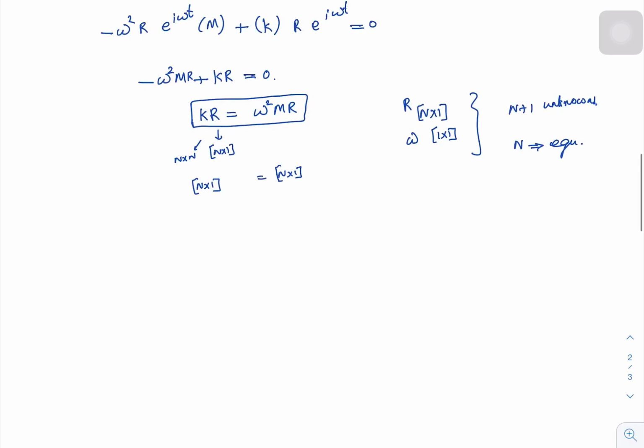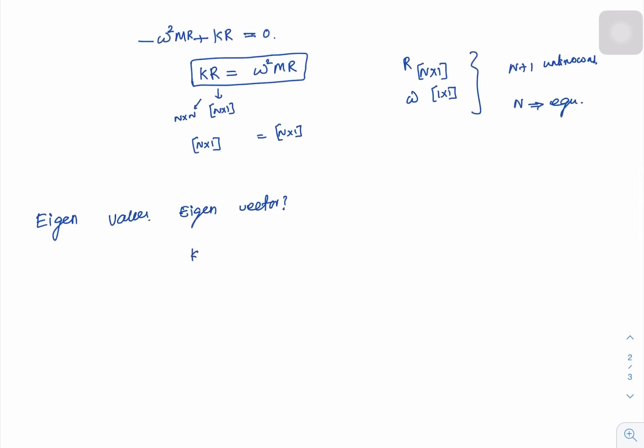So is it possible to solve this problem? To solve it with a unique solution, we need n equations and n unknowns. Here the unknowns are more. So in this case, how to solve? This can be solved by using eigenvalues and eigenvectors.